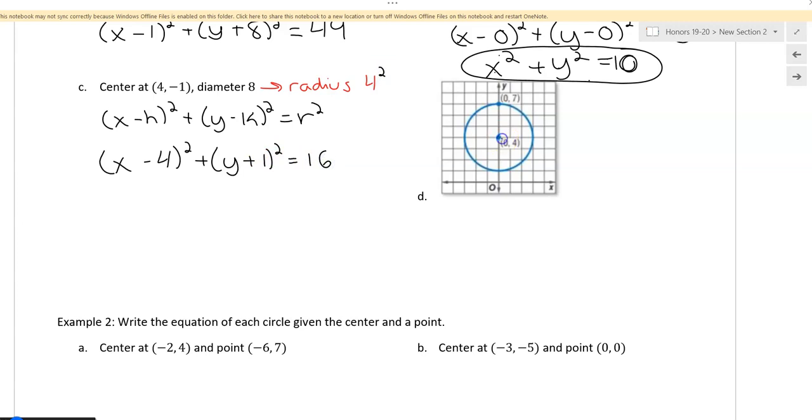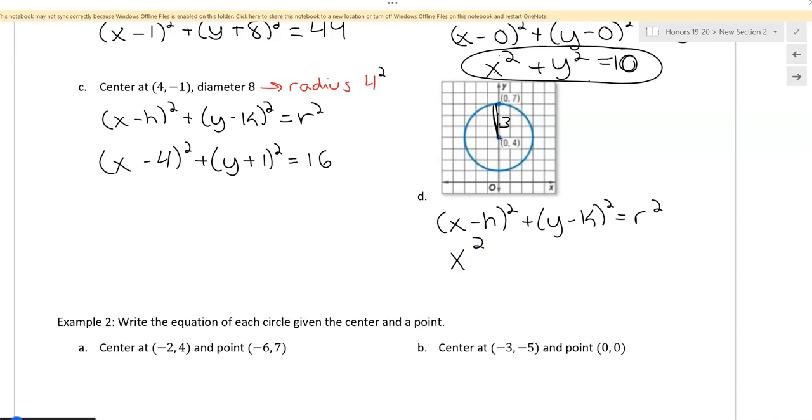Looking at this, it gives us our center is (0, 4). And so then our radius here, if I just go one direction, I can count 1, 2, 3. And then same thing, (x minus h) squared, so that's (x minus 0) squared.